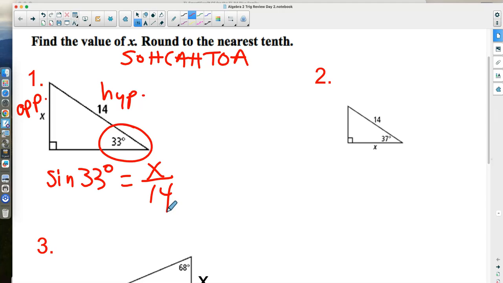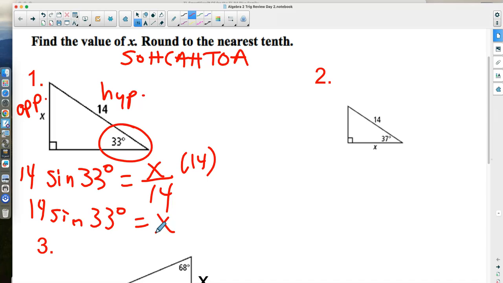It's stored in your calculator. So even though that doesn't look like a number, we treat it like a number, and we say, well, if I'm going to get x by itself, I need to multiply both sides by 14. So 14 sine of 33 degrees is going to give me x.